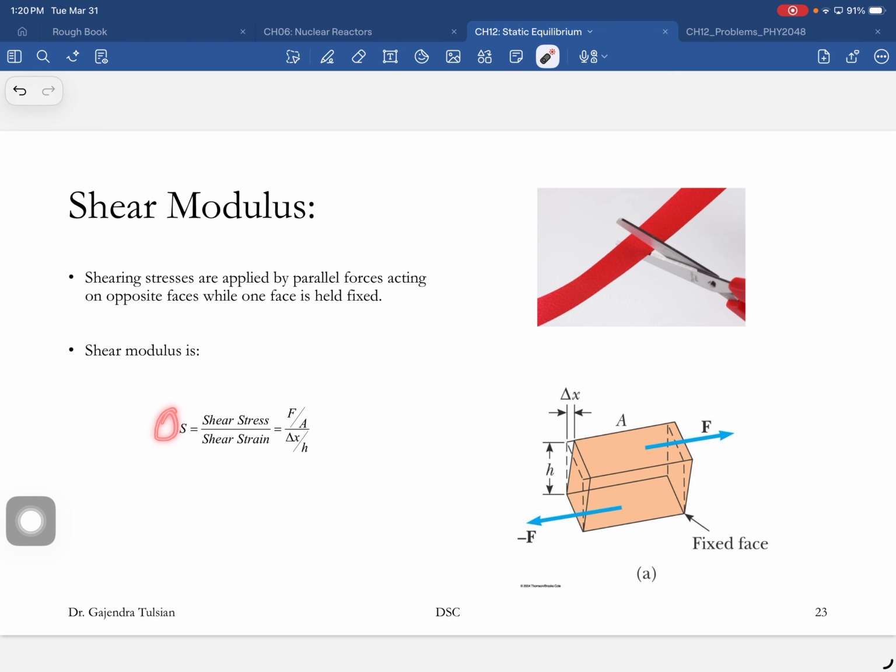So shear stress is force per unit area, and the deformation is measured by how much this face moved relative to this face and how far apart they are. So delta x divided by h. The further apart they are, the greater will be this deformation. So that's the shearing strain.